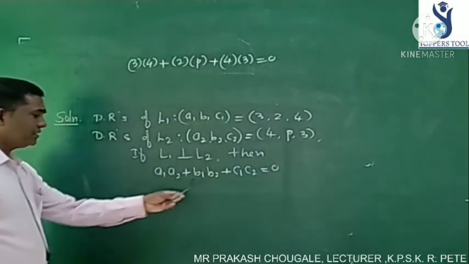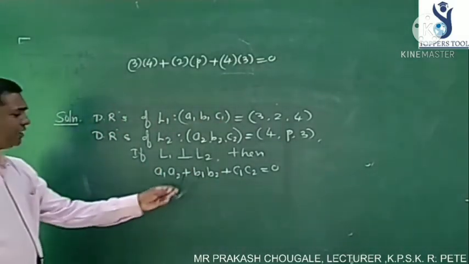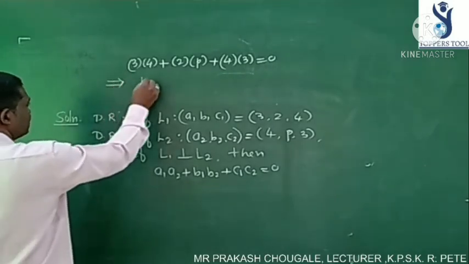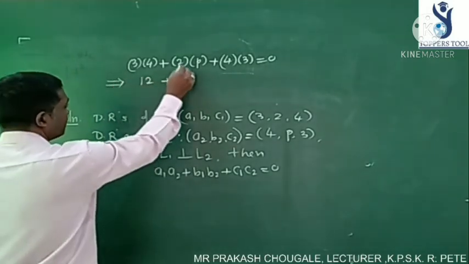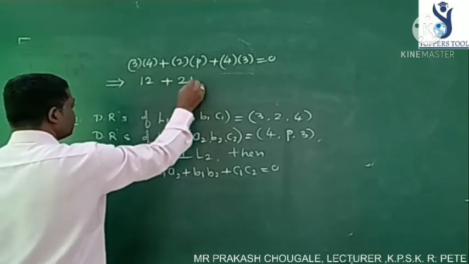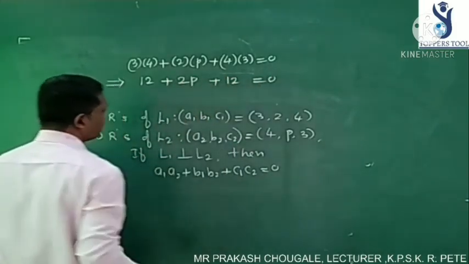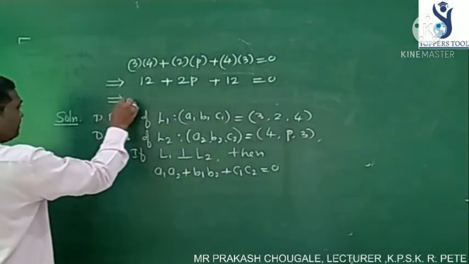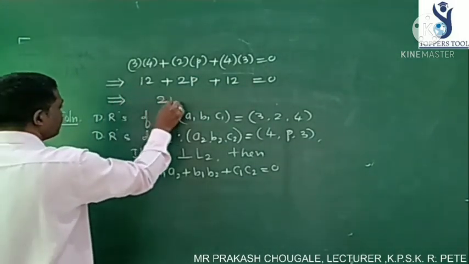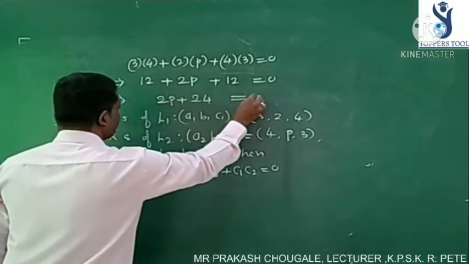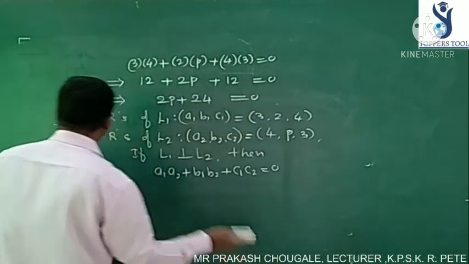Substituting the values of A1, B1, C1, A2, B2, C2, simplify this. 12, 2 into P is 2P, 4 into 3 is 12, equals 0. This implies 2P plus 12 plus 12, that is 24, equals 0.